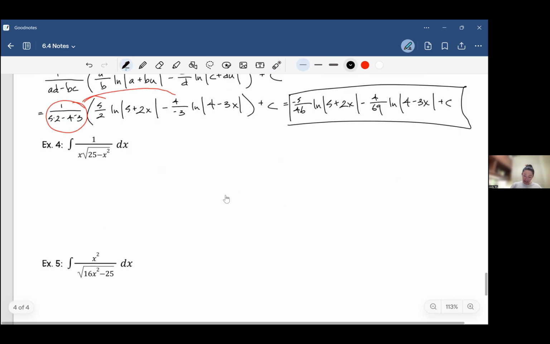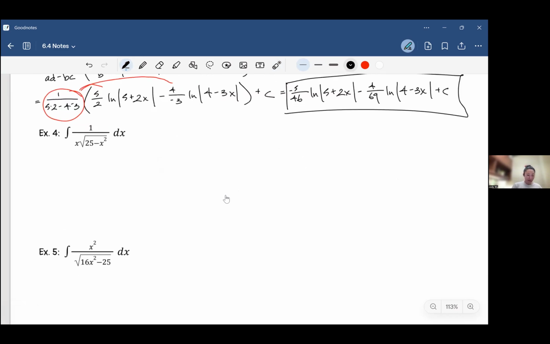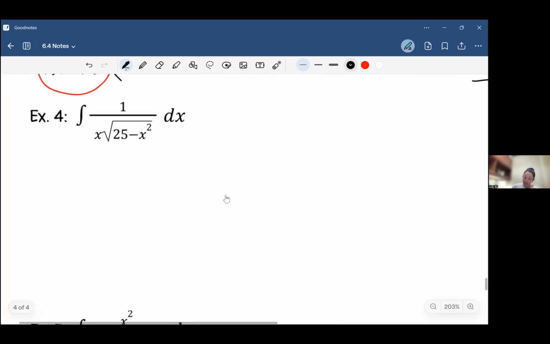All right, let's take a look at example 4 and example 5. So example 4: we have the integral of 1 over x times the square root of 25 minus x squared dx.